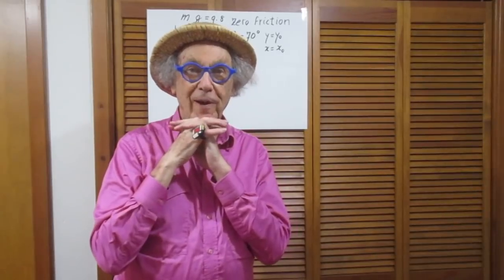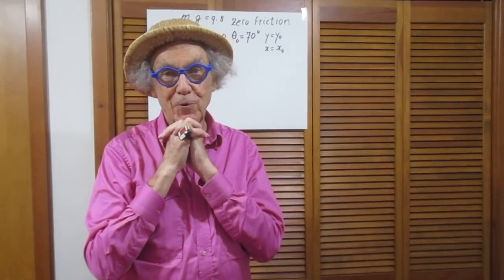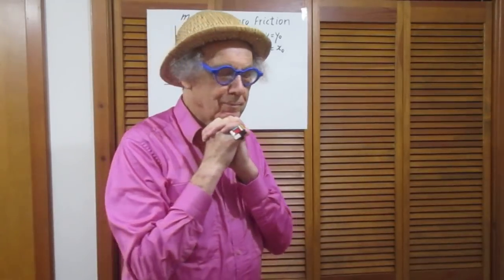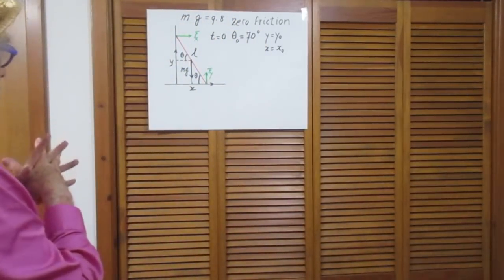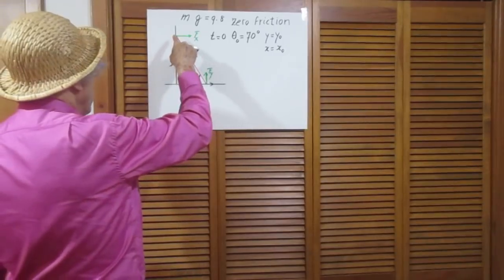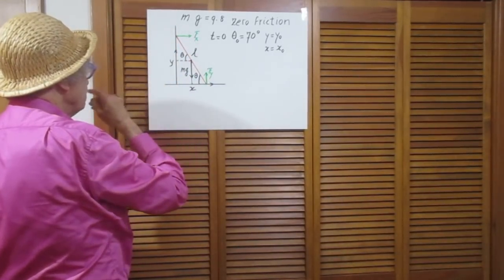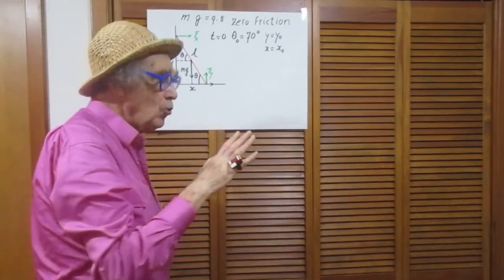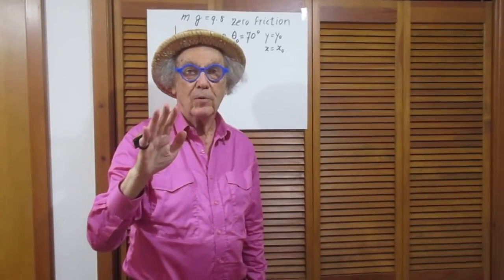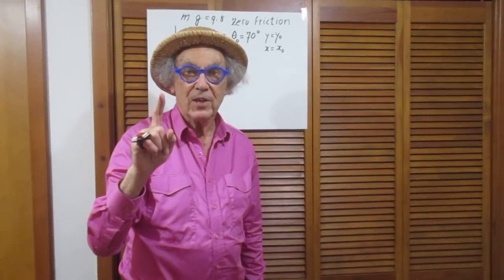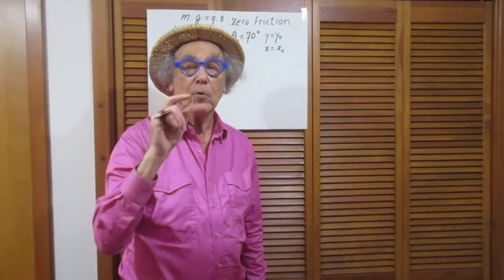And now there's something very interesting, and I'll show that to you shortly with a demonstration. There comes a time that this rod loses contact with the wall. It's no longer in contact with the wall. And the question is, what is that angle?